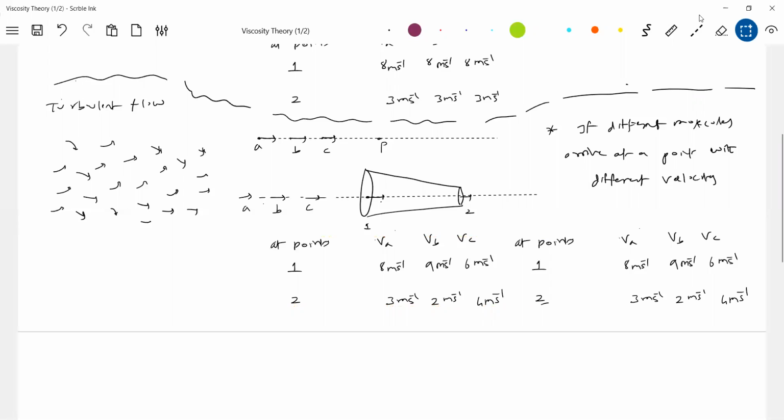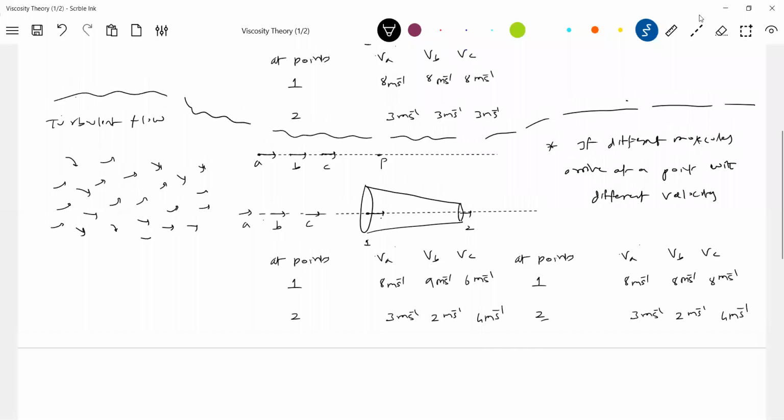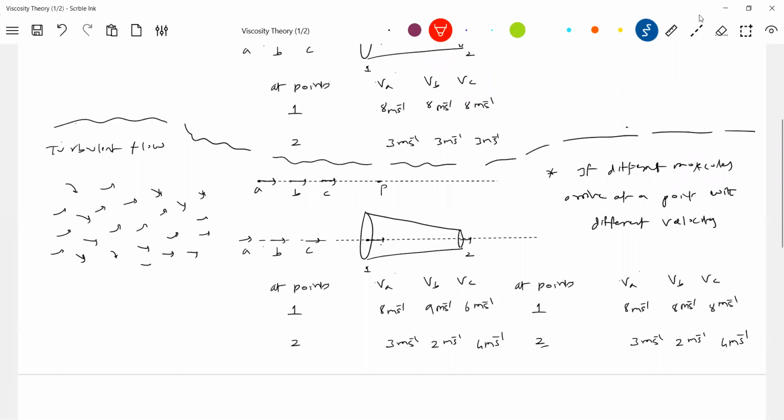Okay, all of them arrive. I think I'll put directions also. What do you mean by the red color arrow? Towards the right. So here it may be like this.